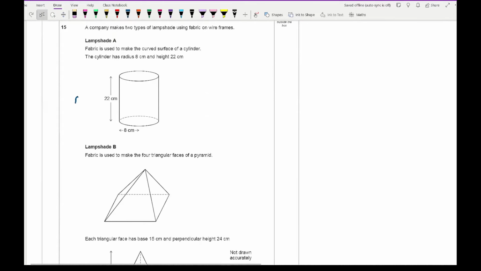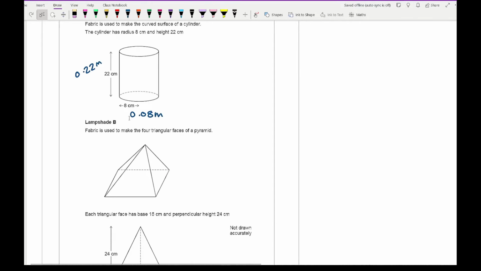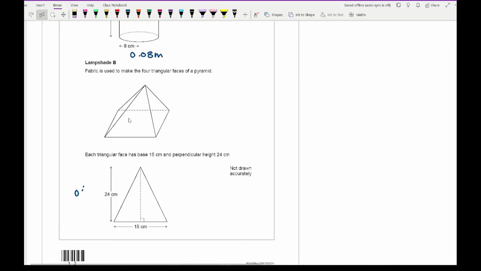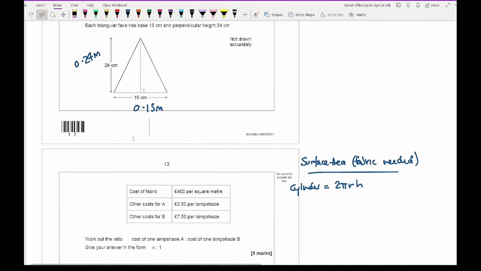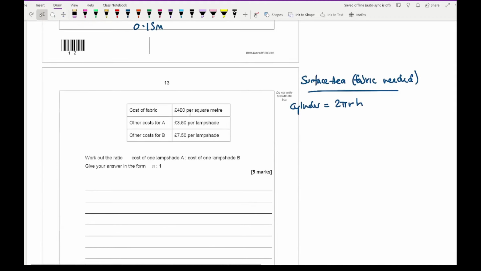So rather than using 22 centimeters, I'm going to use 0.22 meters. 8 centimeters is going to be 0.08 meters. Likewise, this is going to be 0.24 meters. This is going to be 0.15. Again, the reason for converting those units into meters is because the cost of the fabric is written in square meters. So looking at this, let's work out how much fabric we need.